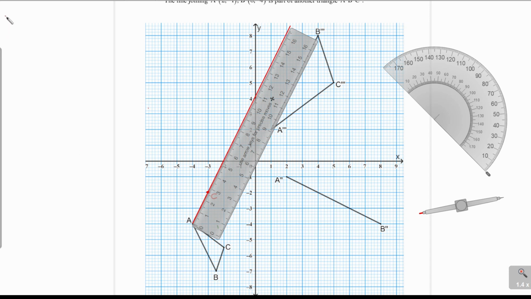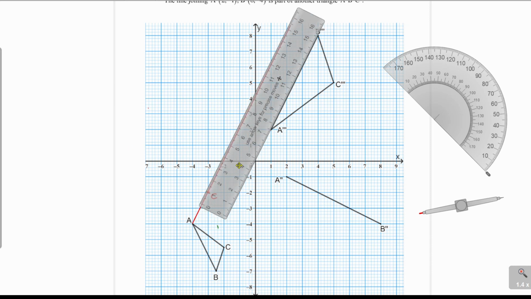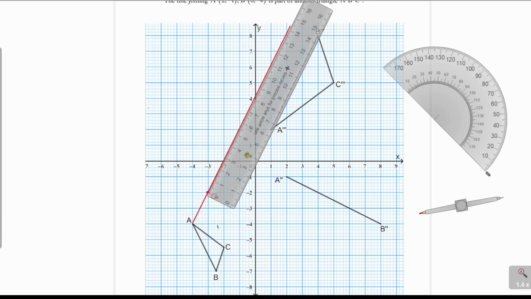So now from C, double that distance 2.7, you're going to have 5.4. So I will indicate it here so that you can see, just to illustrate the first one.